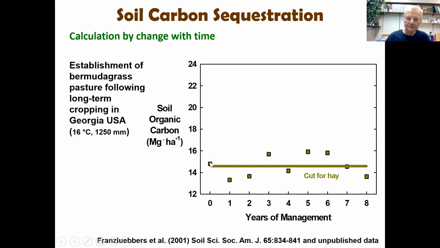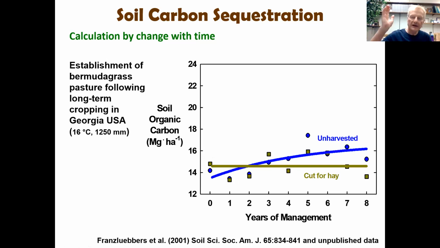They were interested in how different management of that forage would affect the soil organic carbon, or the soil organic matter. And what they found is when they cut that Bermuda grass for hay, the organic matter didn't really change over 8 years. Where they left the Bermuda grass unharvested, the organic matter went up relative to where they cut it for hay.